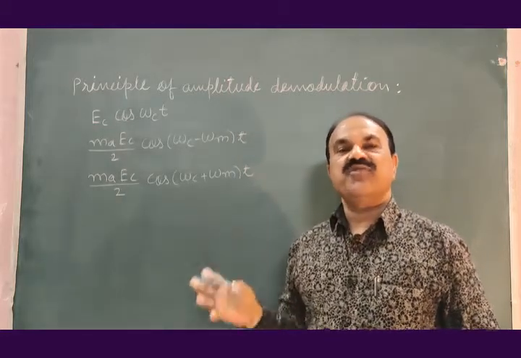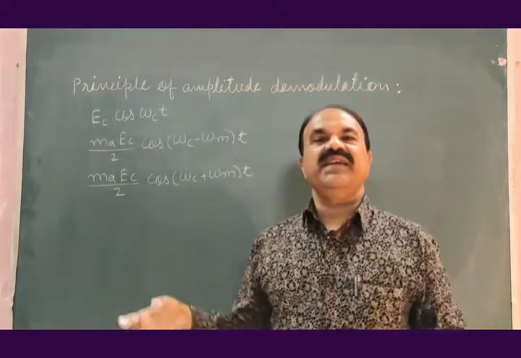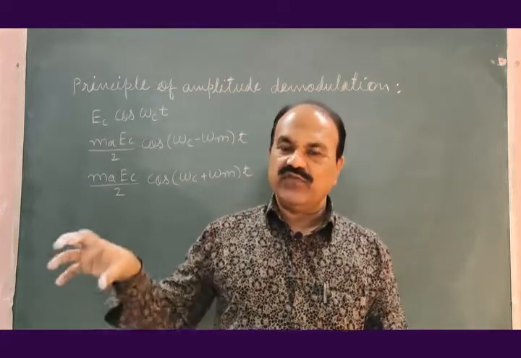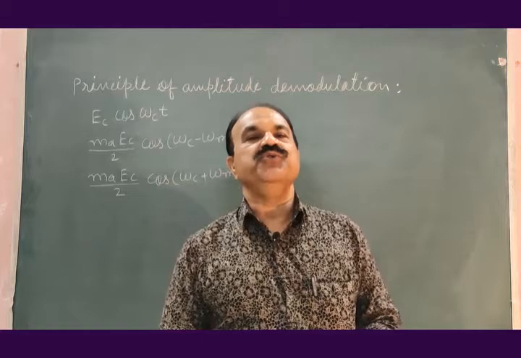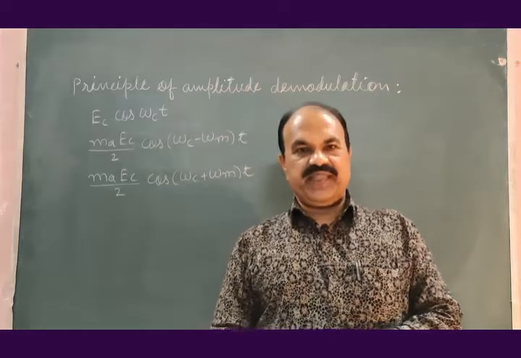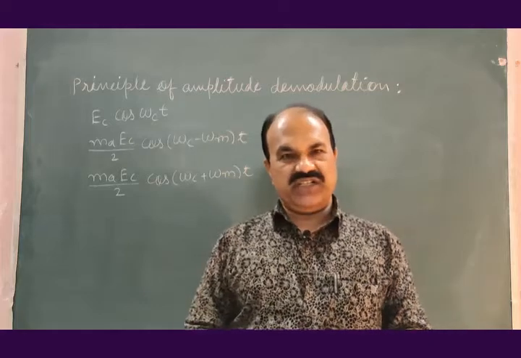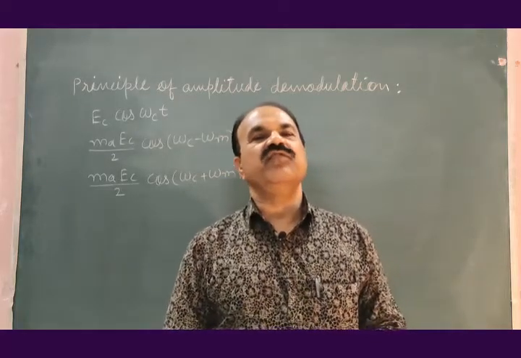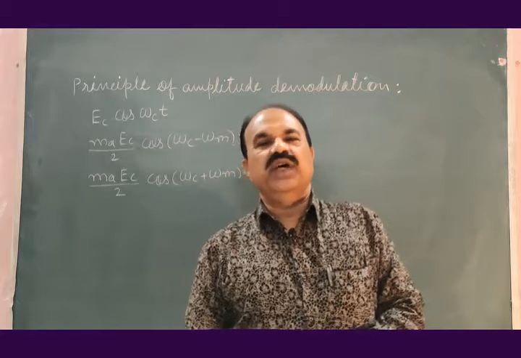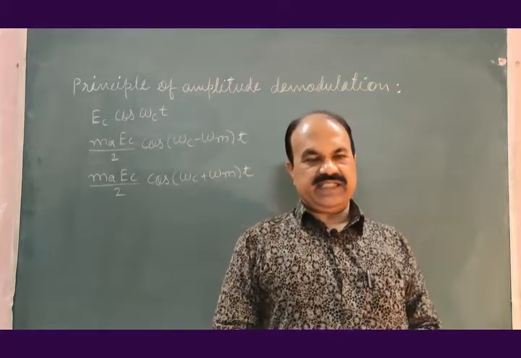This way the information can be recovered, can be extracted from the amplitude modulated voltage. This is the principle of amplitude demodulation. This is the principle of the amplitude demodulator or amplitude detector.